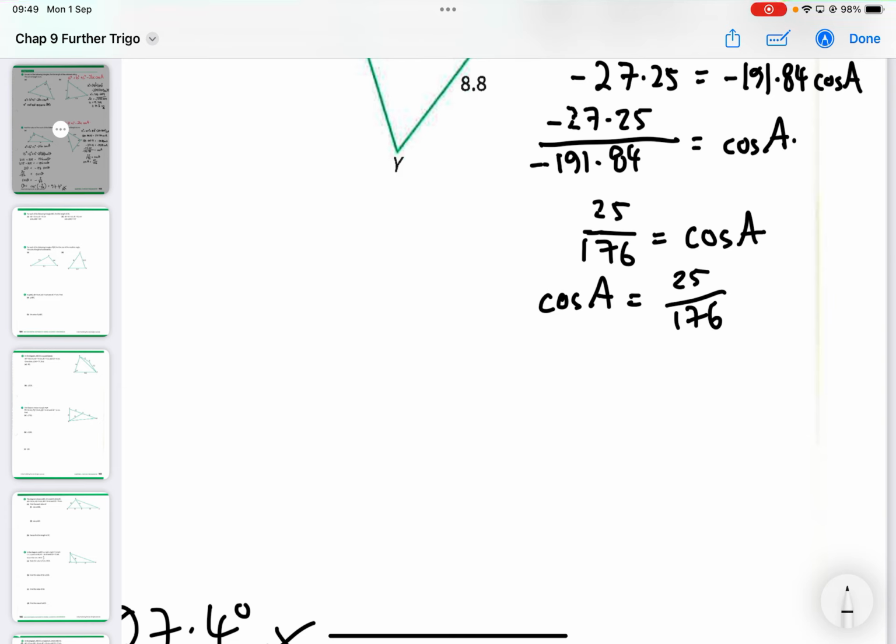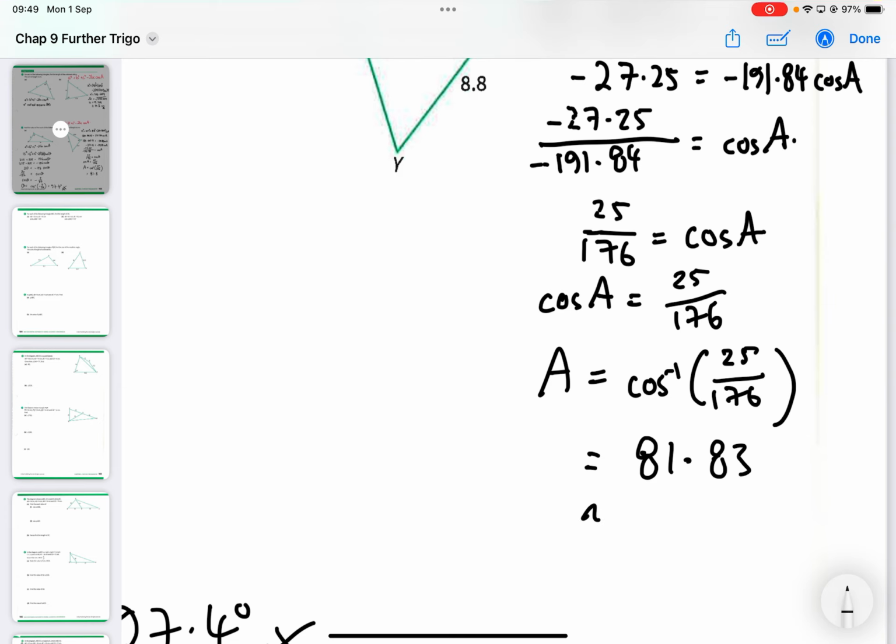That removes this cosine, and then I can find back the angle. It is 81.83, or roughly 81.8 degrees.